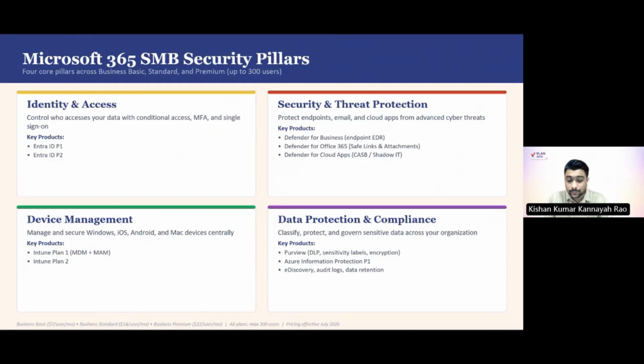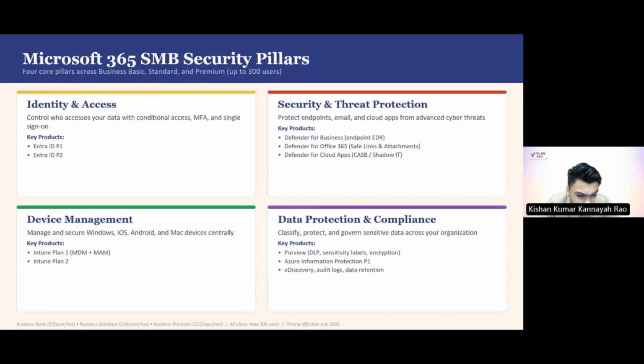The first one is identity and access. Identity is where you should start your security. You should focus on securing your identity, in terms of your user accounts, your email addresses, and their access.